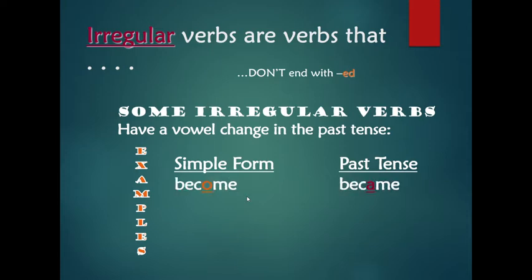Become. Yeah, it changed into became. Also the verb come, came. Become, became. Okay, another one. Give, gave. I changed it into a.